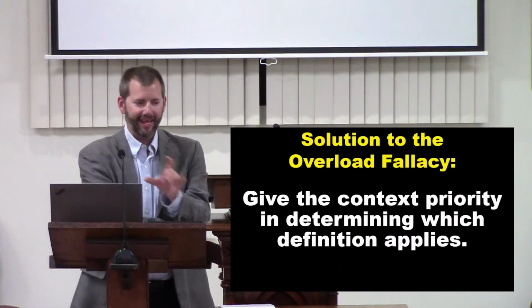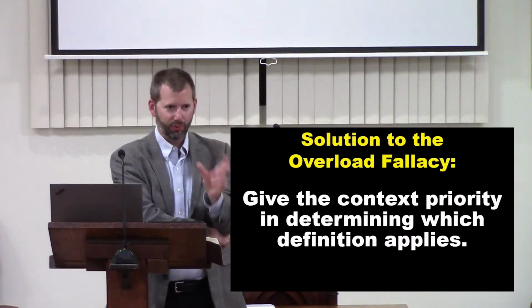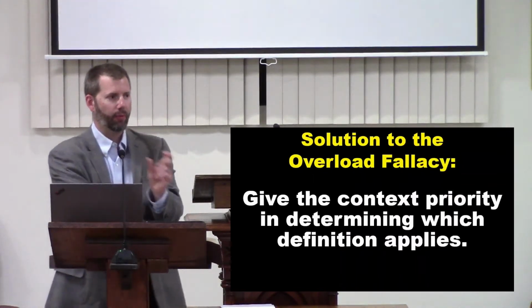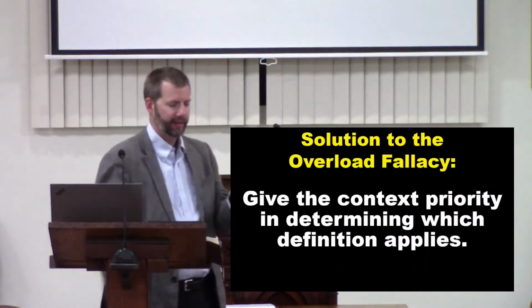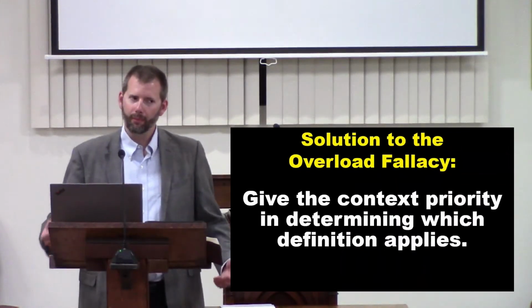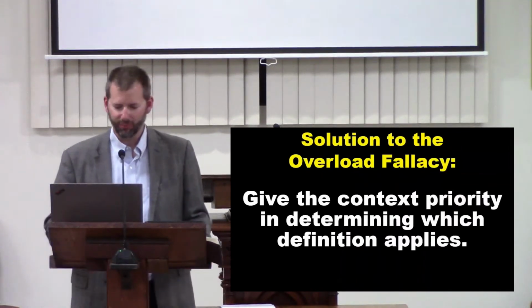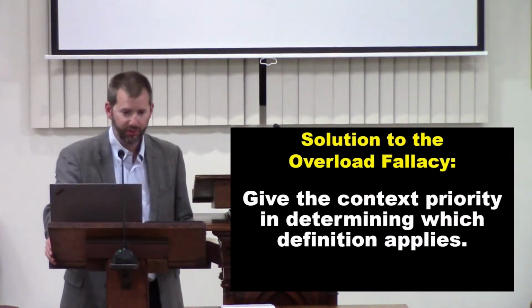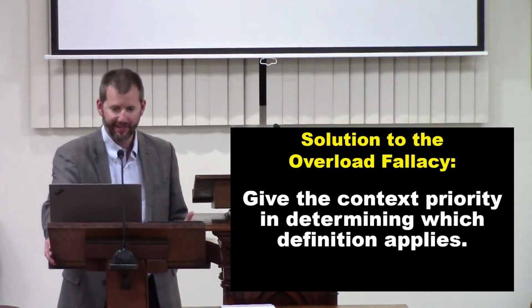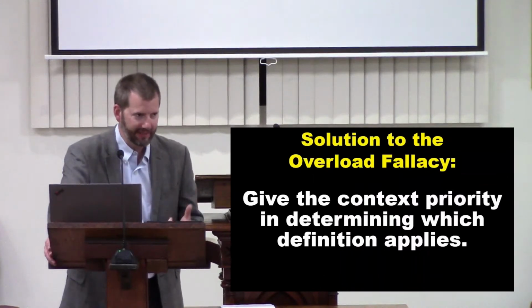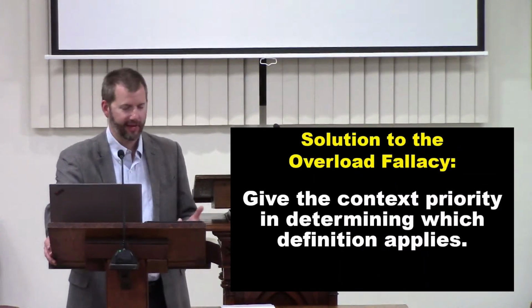But in that context, because of the words used, it means for, as in directional. You can't cherry pick which one you want. You have to use the context to determine what is being intended with that word.